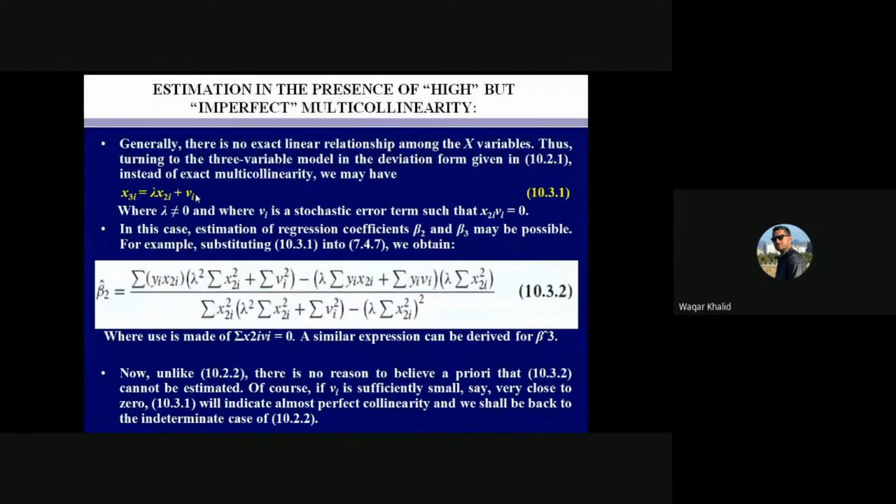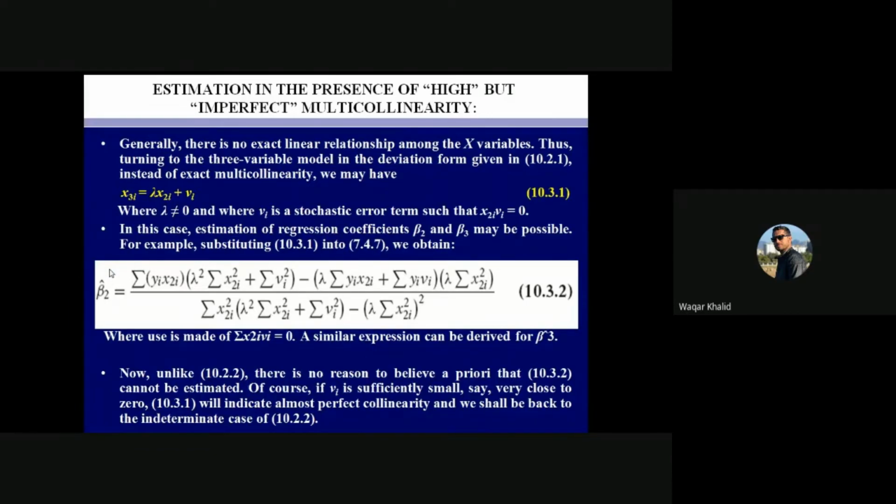It means now you have the case of near perfect multicollinearity. So if you want to estimate beta 2, you can estimate, and similarly beta 3, because now you have the near perfect multicollinearity case. So you can estimate beta 2 as well as beta 3.